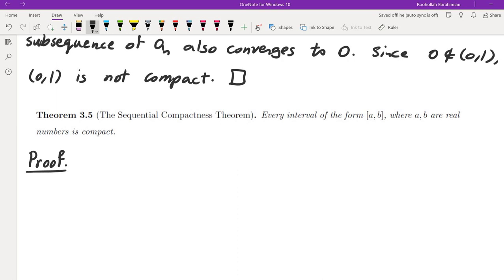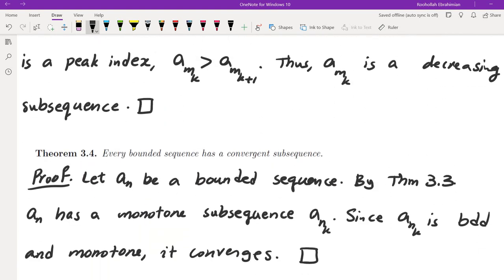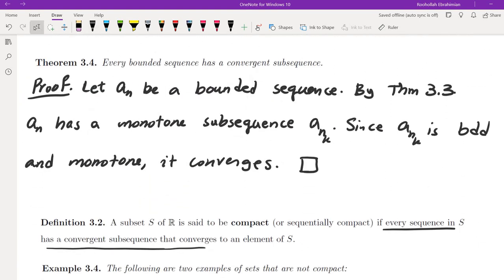So what do we need to show? We need to show every sequence inside the closed interval has a subsequence that converges to an element of [a, b]. Okay, so let's start with a_n, a sequence in [a, b]. Now, since this sequence is bounded, by theorem 3.4, the one that we just proved, every bounded sequence has a convergent subsequence.